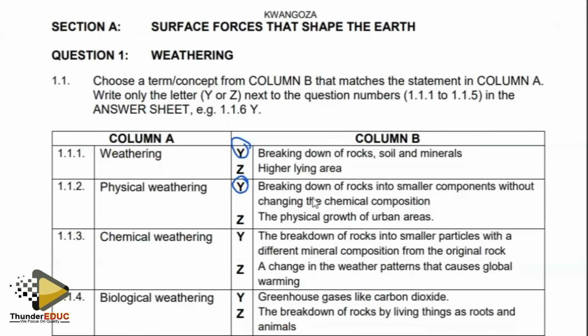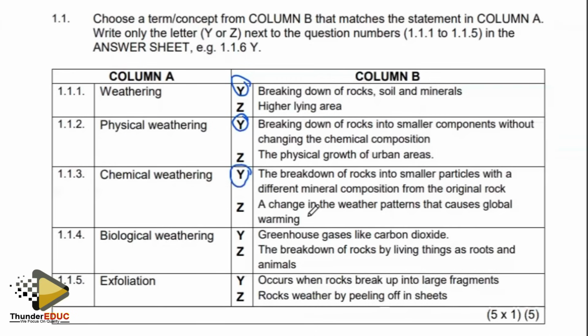Then we have chemical weathering. Y is the breaking down of rocks into smaller particles with a different mineral composition from the original rock. Z is a change in the weather patterns that causes global warming. So our answer is Y. Then biological weathering.